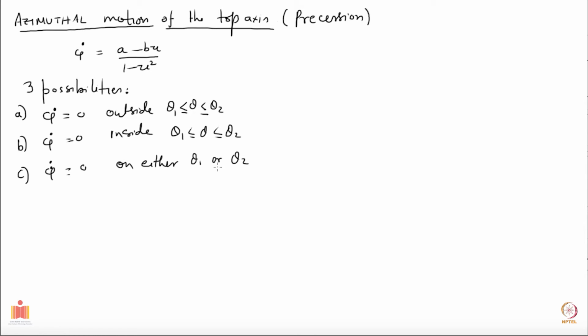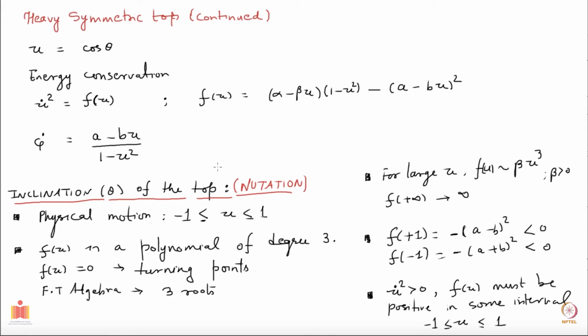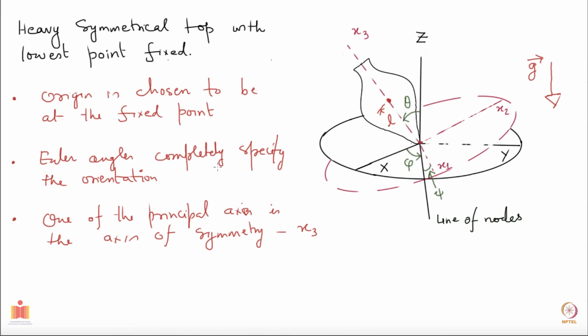Now to geometrically visualize what is happening, I'll draw a unit sphere with the center at the origin, and the origin is, as you recall, at the tip of the top. So we imagine a unit sphere around this, taking this as the center, and then what I want to look at is where this x3 axis cuts the sphere.